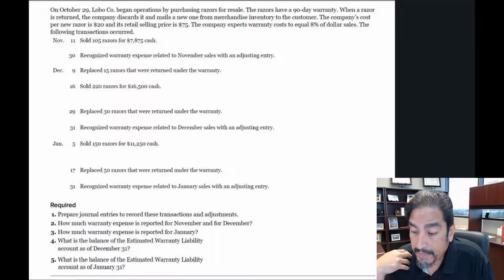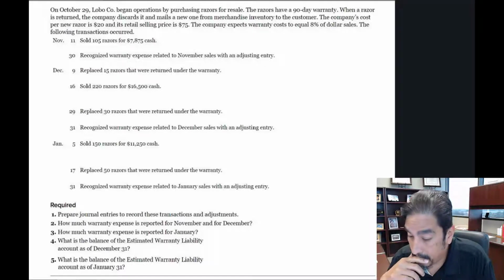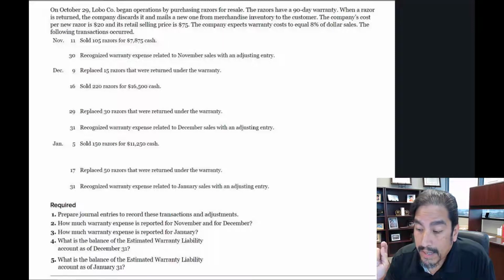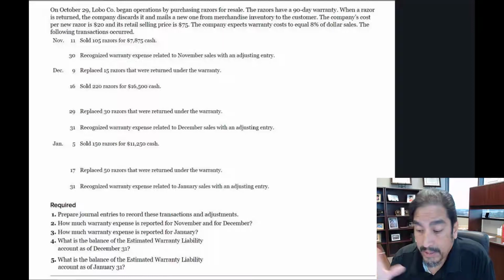We put a 90-day warranty on these razors for our customers. When there's a bad razor and the customer brings it back, we simply throw it away, grab a new razor out of inventory, and give it to the customer. So we don't try to repair razors or anything like that.